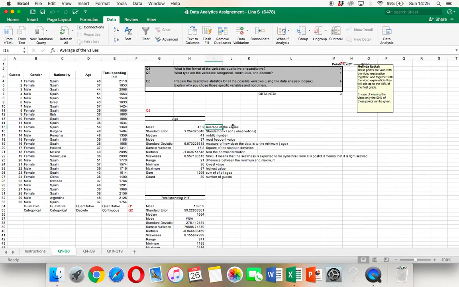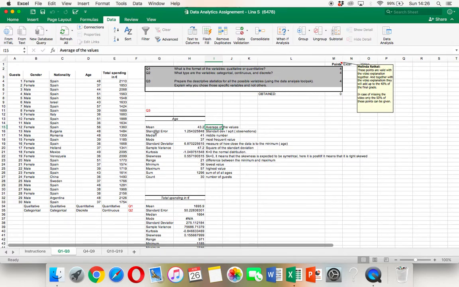The mean is the average of the values: we make a sum of all the ages, for example, divided by the number of observations, which is here 30. This tells us that on average the guests are 43 years old.